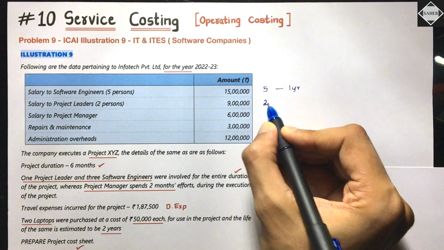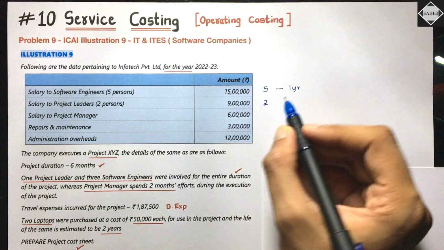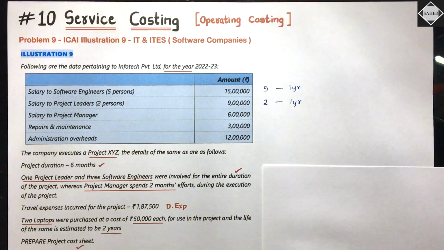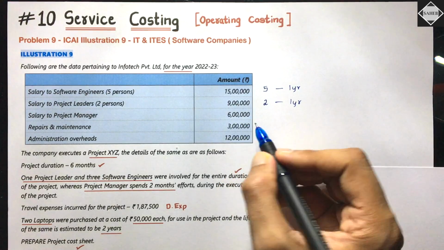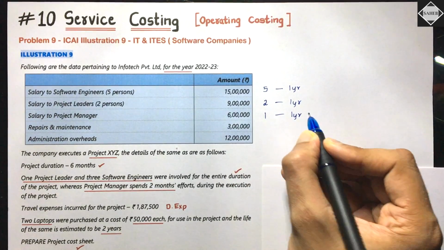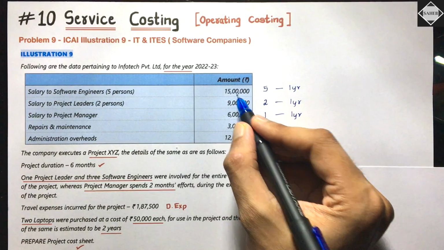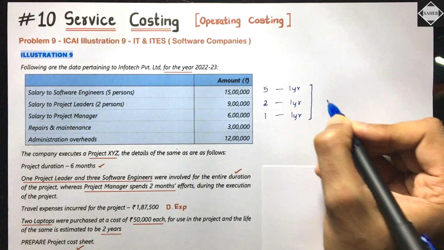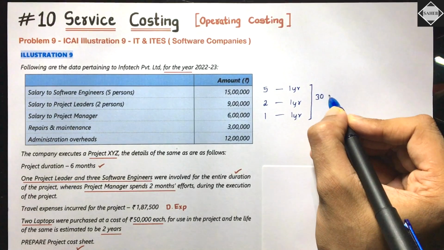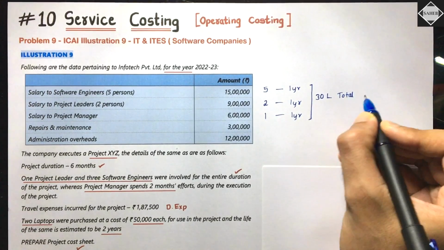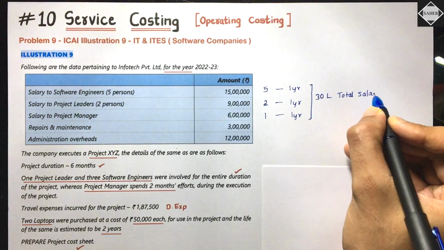See here, 9 lakh, this is for 2 project leaders for 1 year. And then salary to project manager, 6 lakh. Only 1 project manager is there and this is for 1 year. In total, how much is it? 15 lakh plus 9 lakh plus 6 lakhs, that is equal to 30 lakhs total salary. Is that clear? Simple and straightforward.